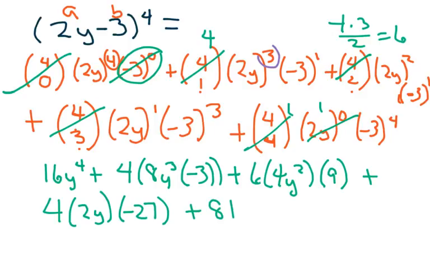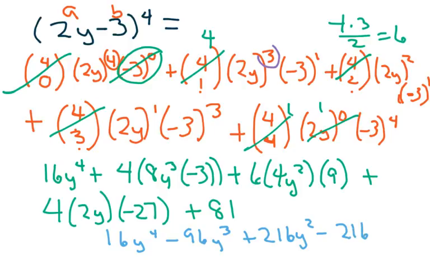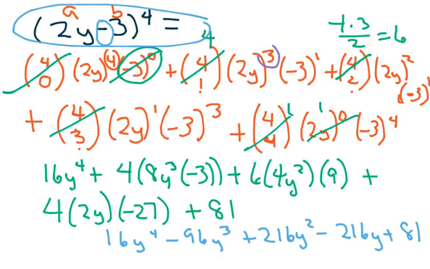Now when you write this whole thing out, you're going to get 16y to the fourth minus 96y cubed plus 216y squared minus 216y plus 81, which equals that. And you notice if you have a negative here, this is going to alternate from negative to positive because of your powers being odd and even. Okay, so that's how you expand a binomial.